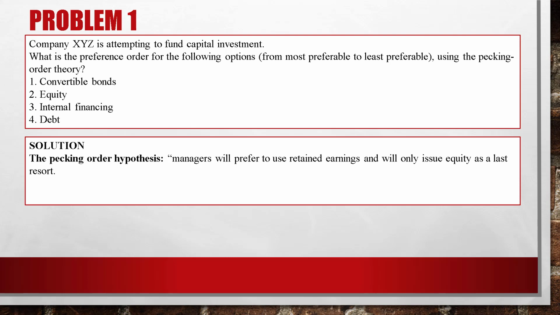So among these 4 choices, we can arrange them in any order, but we have to ensure that equity is the last resort. For example, we can arrange it 1 3 4 2 or 3 4 1 2 or 4 3 1 2, as long as number 2 is the last option.